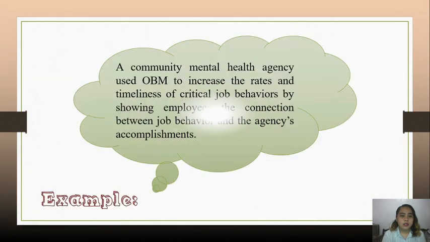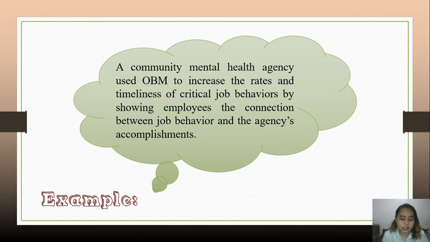So, for example here, a community mental health agency used OBM to increase the rates and timeliness of critical job behaviors by showing employees the connection between job behavior and the agency accomplishment.